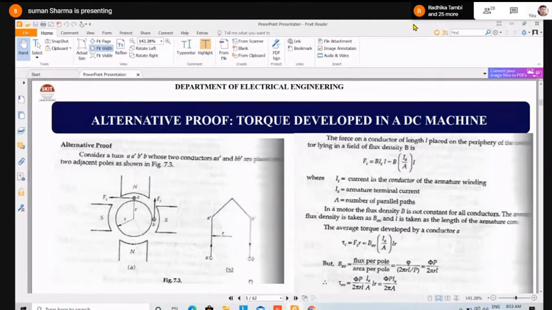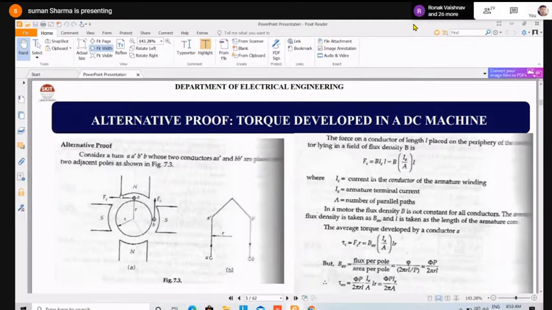These are shown in one turn. There are how many conductors? Two conductors, A dash and B dash. This is at distance R, the axial distance from the rotor axis. This is the rotor part, this is the stationary part, and in between these two there is an air gap.